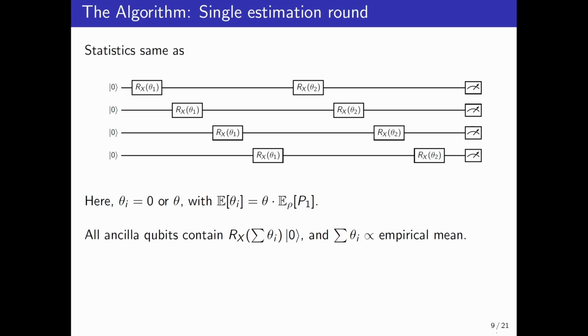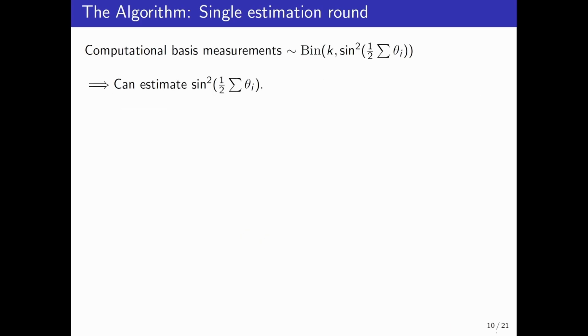Now note that on computational basis measurement for each of the ancilla qubits, we get a Bernoulli random variable with probability sine squared of half the sum of theta_i. Therefore, with measurement of all of the qubits, we get the binomial distribution with parameters k and sine squared of half the sum of theta_i. So, for k large enough, we can easily estimate sine squared of half the sum of theta_i.